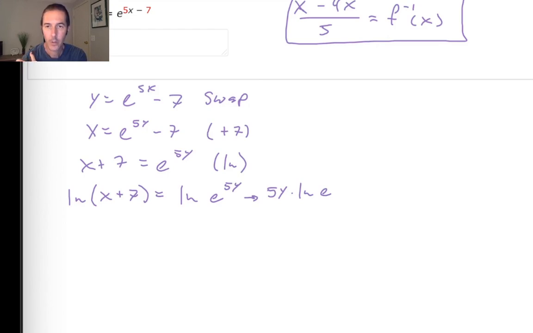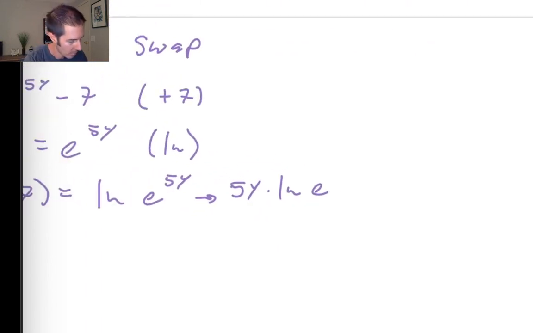The next thing we can do is we can actually evaluate the natural log of e. The natural log, remember, is a logarithm with an implied base of e. So what the natural log of e is really asking us is, e to what power equals e?